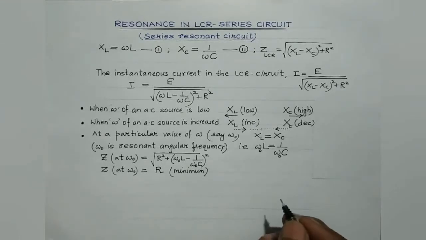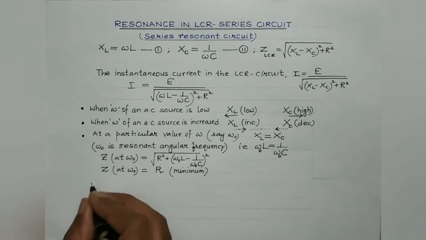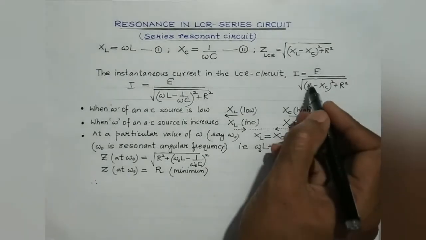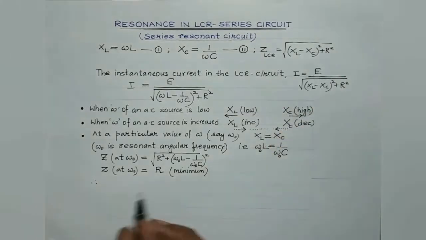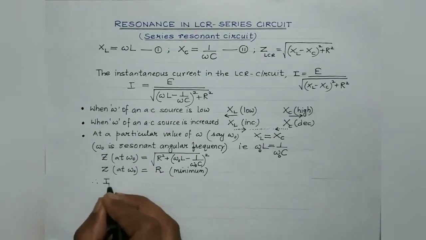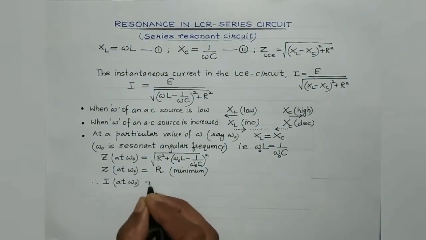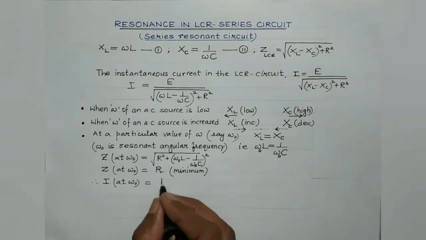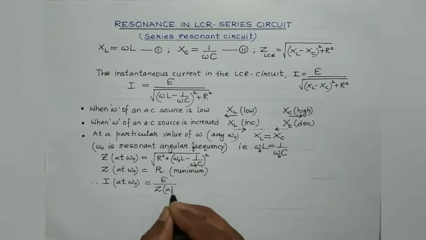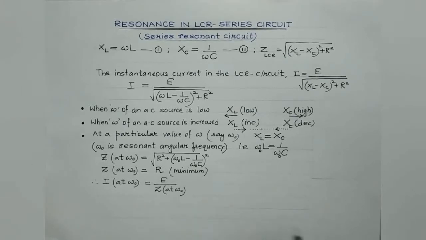Right? So therefore, when the impedance becomes minimum, the current becomes maximum. Therefore, current at the resonant angular frequency flowing through the LCR series circuit would be equal to E divided by Z at resonant angular frequency.